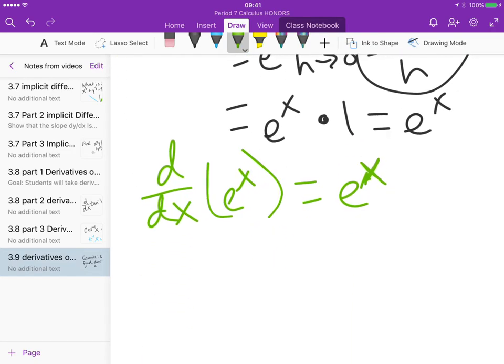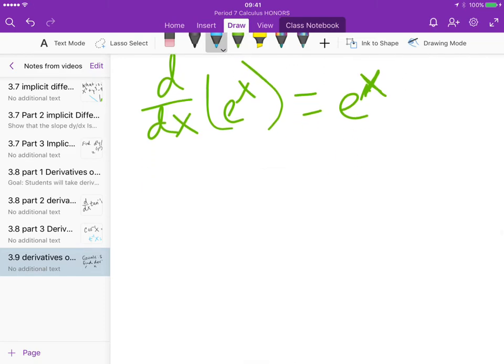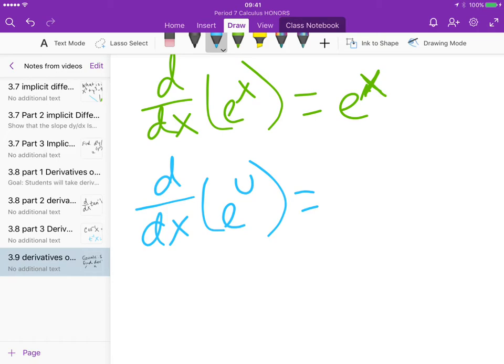So when it's all said and done, our rule that we use for derivatives, if I want to find the derivative of e to some function, using x's and y's or whatever the case is, in this case the derivative with respect to x of e^u, where u is x squared, square root of x, whatever the case could be, we take the derivative of itself times the derivative of whatever is inside that u part of the function.